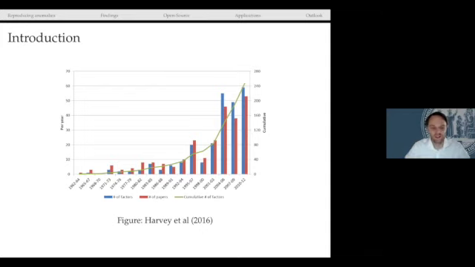I will use these terms interchangeably. The green line amounts to 240 factors that they surveyed in this paper over time. Others have surveyed a bit more. Overall, there are around 300 that have been documented.